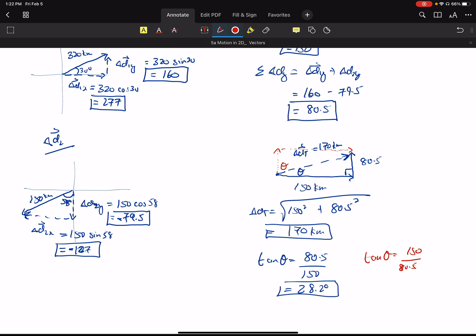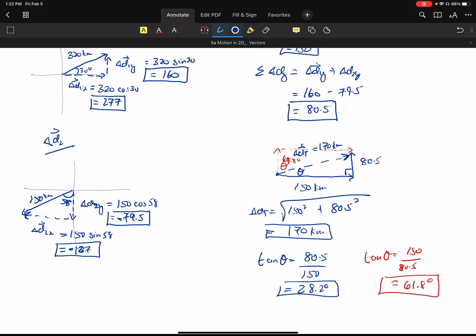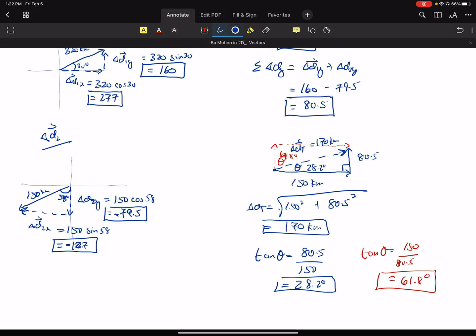But if you were to do the other one, it should be 90 minus that, which is 61.8 degrees. So you see, they work out. So it's either 61.8 degrees or this is 28.2. I'm going to stick with the one that I got. So my final answer, your total displacement, is going to be 170 kilometers.